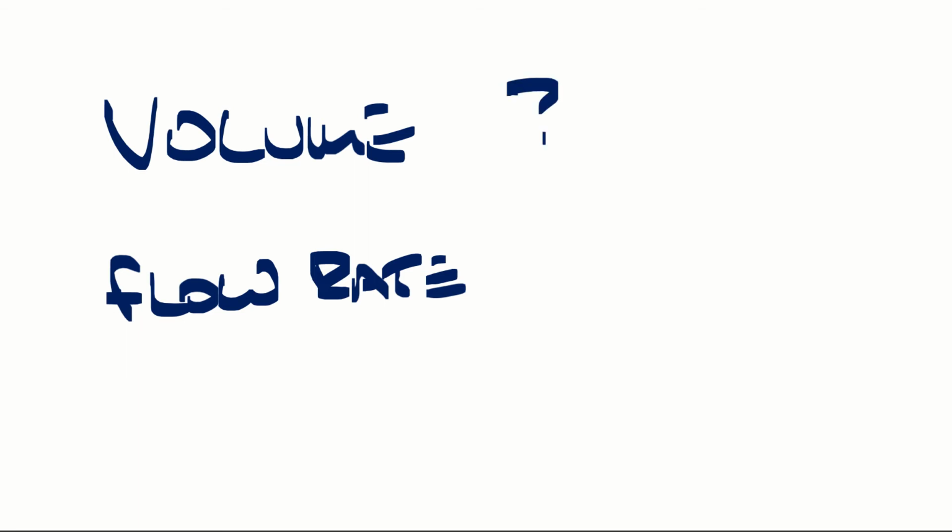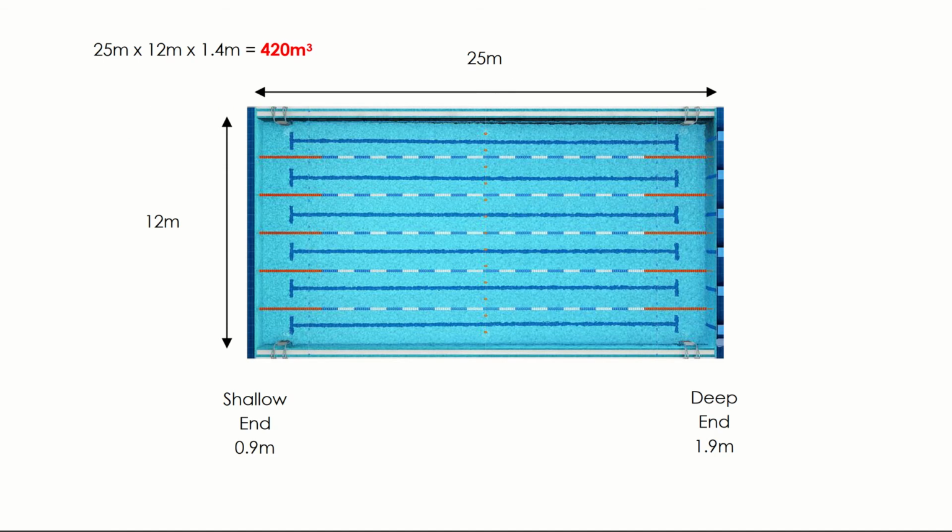So how do you work these out? Well, volume is fairly straightforward. In most cases, you multiply the dimensions of the pool together.